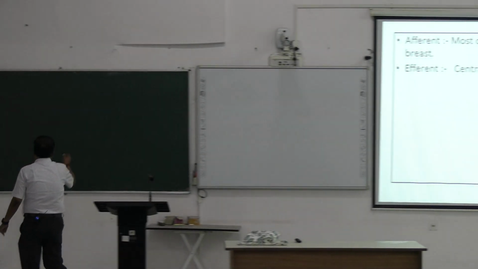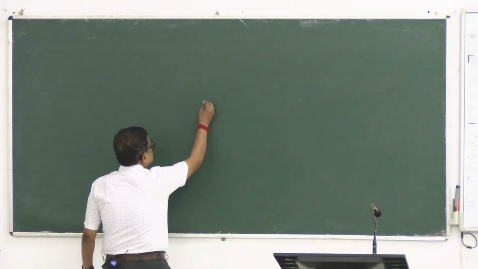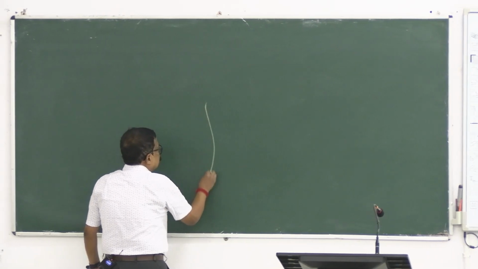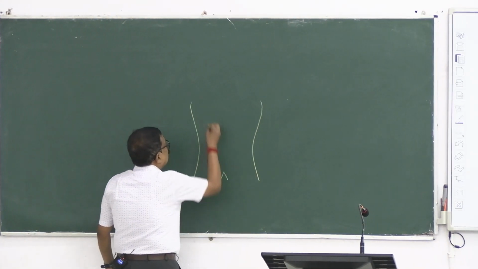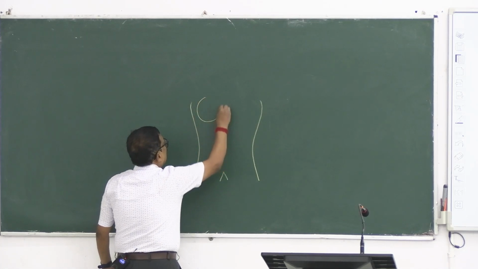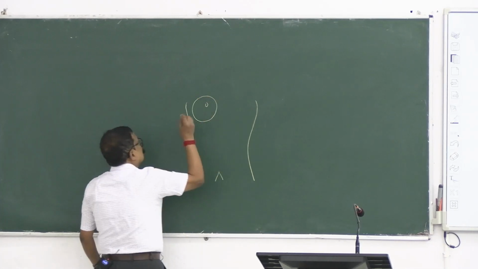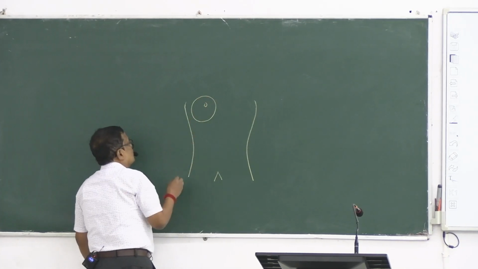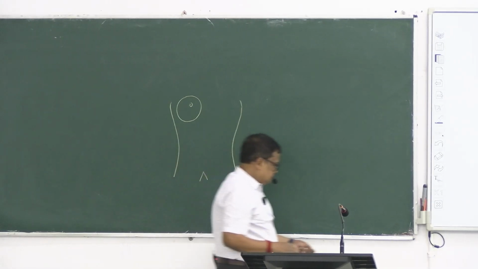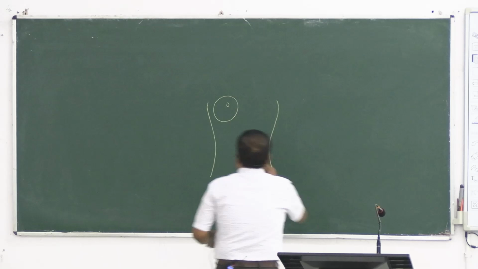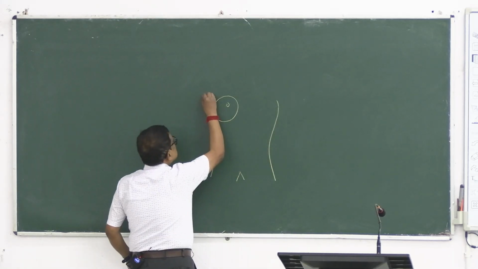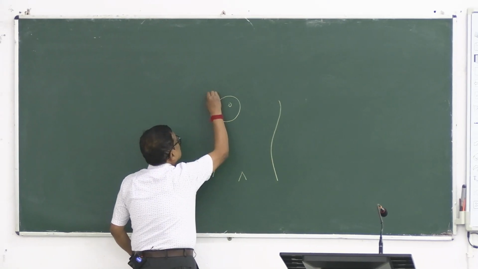So it is the axillary lymph nodes, anterior wall. This is the lymph nodes, anterior wall of the lymph nodes.